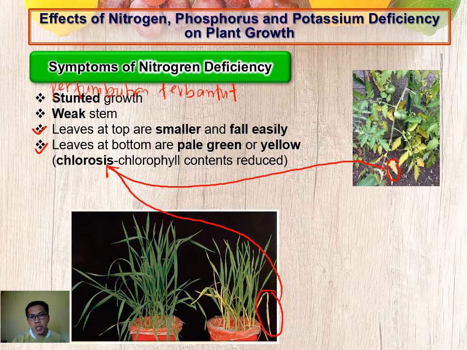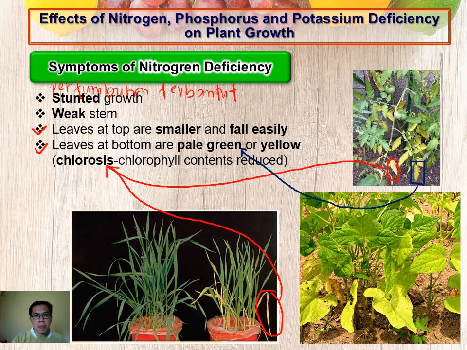And sometimes you can see here, ada satu lagi sampel di sini kalau kita lihat. This is pale green. Warna hijau pucat or pale green. It shows that memang ini pokok is nitrogen deficiency. Memang kekurangan nitrogen.